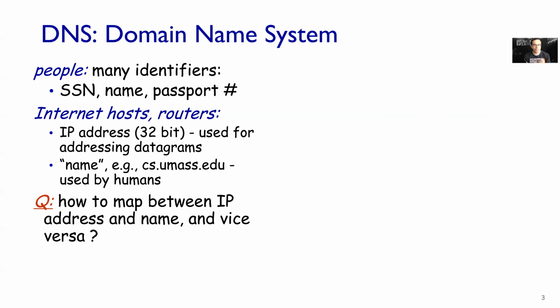So the same thing applies in the context of computers, right? As humans, it's easier for us to remember host names like Google, Yahoo, or whatever, rather than their actual IP addresses, right?